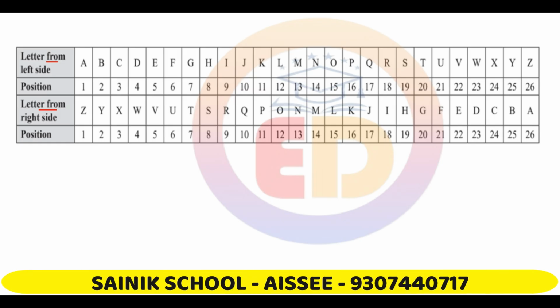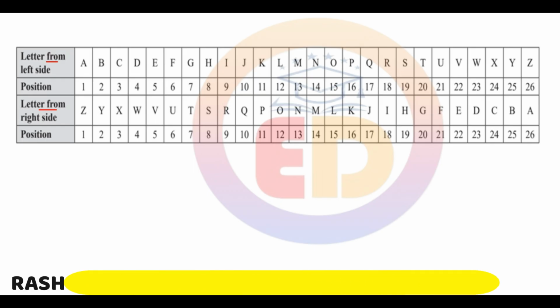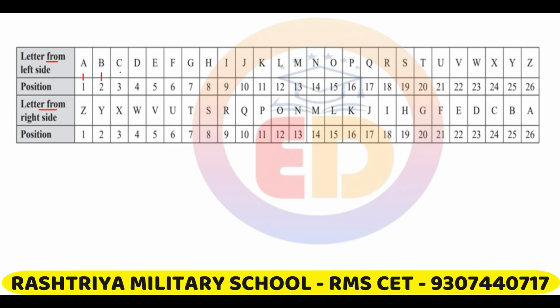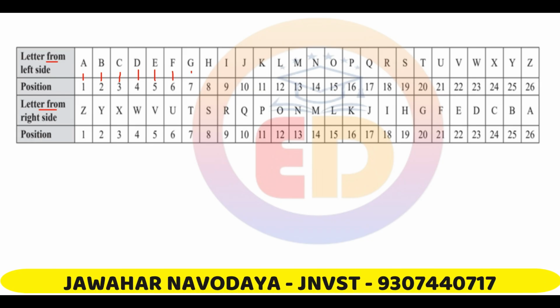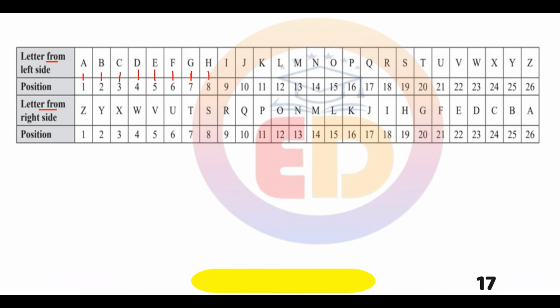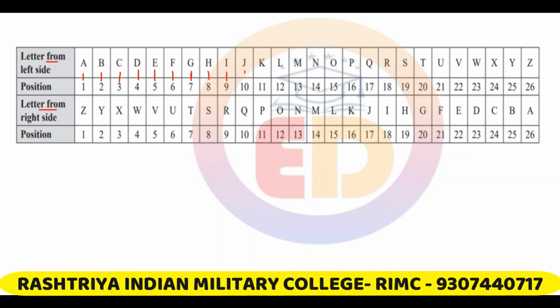A is 1, B is 2, C is 3, D is 4, E is 5, F is 6, G is 7, H is 8, I is 9, J is 10, so on and so forth. We also discussed in the earlier classes this basic trick to remember.